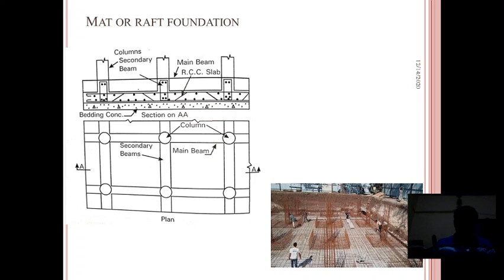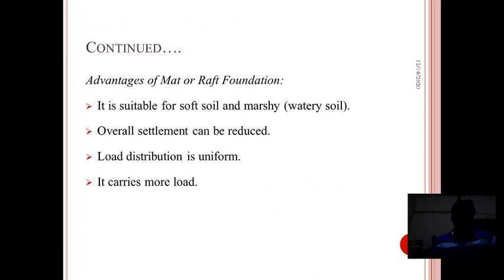If they ask to explain raft foundation or mat foundation in the examination, then you have to explain this mat foundation with the schematic diagram we have drawn here. These are some of the advantages of providing mat or raft foundation. It is suitable for soft soil, in other words cohesive type of soil, and marshy lands, that is watery soil.